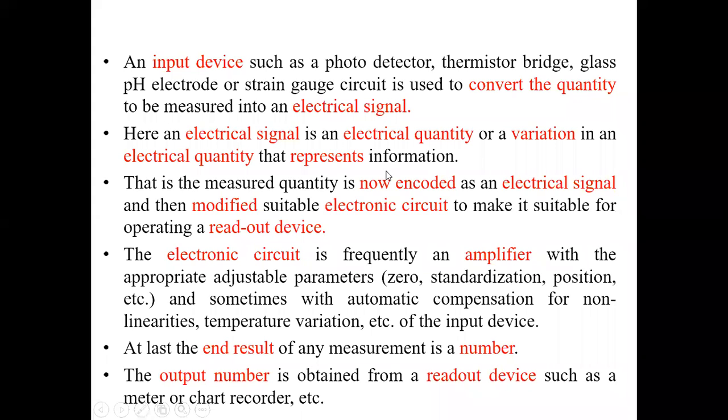Okay, so now this electrical signal is encoded or modified with a suitable electronic circuit. Here the electronic circuit we generally use is an amplifier, since the output of a transducer is a very low signal, and this low signal cannot be sufficient to drive the last stage of the system.